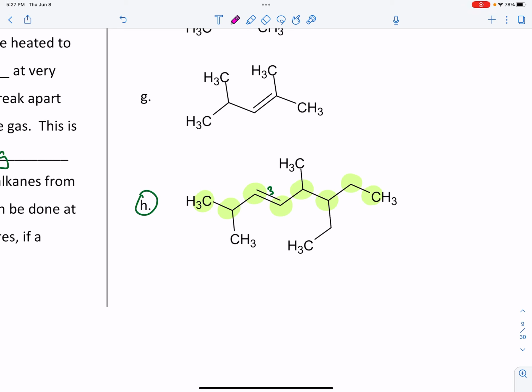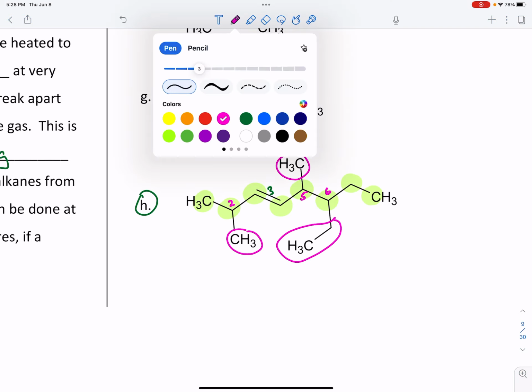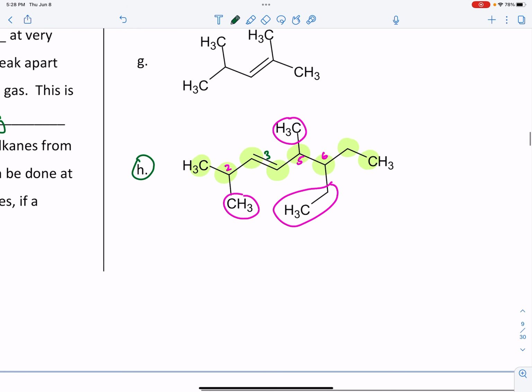Counting from the same side, from the left, there's a branch on carbon 2, and we can see that's a methyl branch. 3, 4, 5 also has a methyl branch. And on carbon 6, we see a 2-carbon branch, which is an ethyl branch. So we remember when you have different types of branches, you name them alphabetically. So ethyl comes before methyl. So therefore, we're going to call this 6-ethyl.